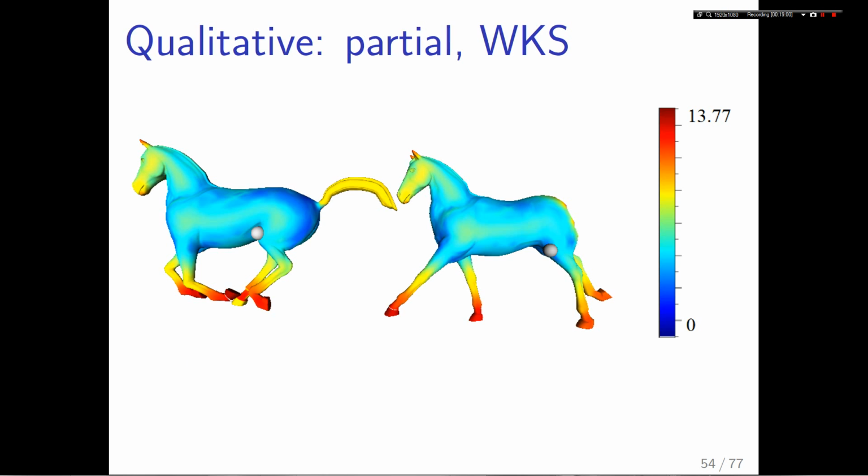The same thing happens in WKS, and it's even clearer that WKS cannot match the source point to the right place. But geodesic spin contour can solve this problem and tells you that the closest point for this source point is still the ground truth point on the target mesh.